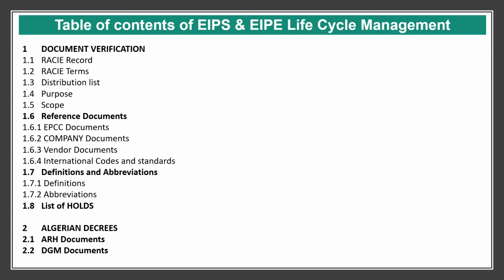Reference documents such as detailed design documents, company documents, vendor documents, and international codes and standards. Abbreviations, and a list of holds: if there are holds which require more time, they should be given there, and local authority documentation such as RH should be given in this document.